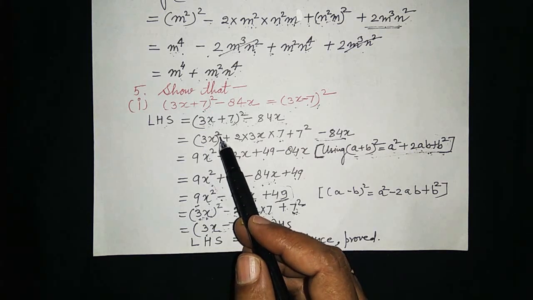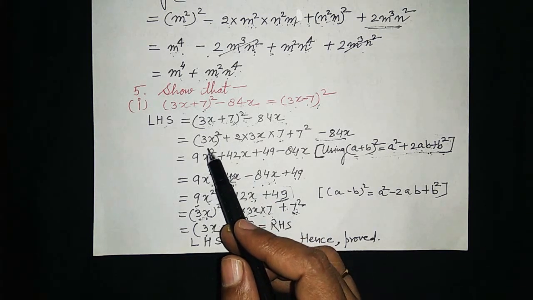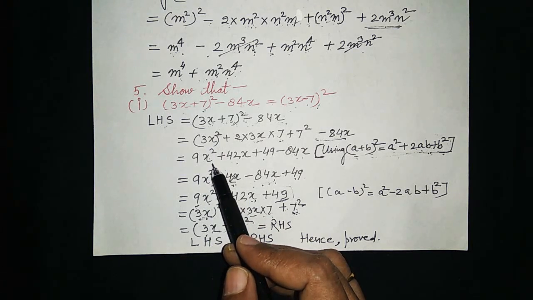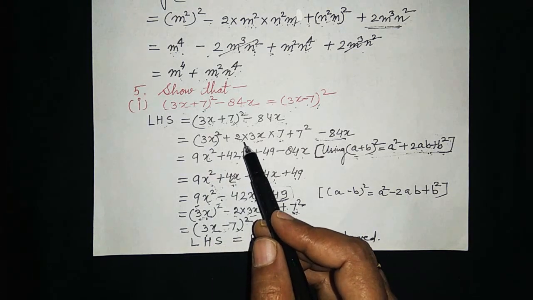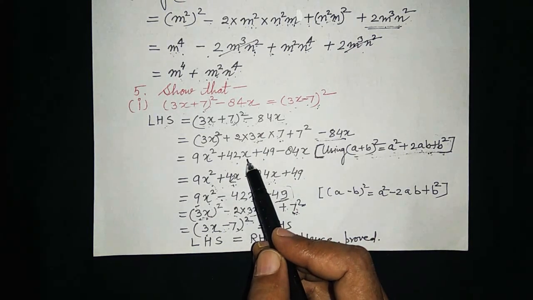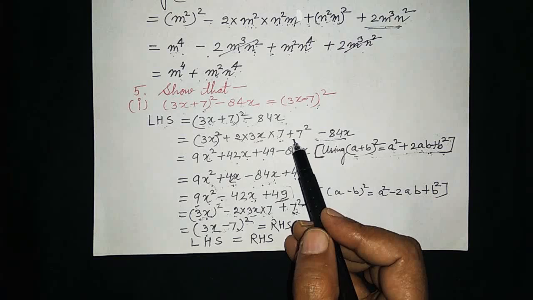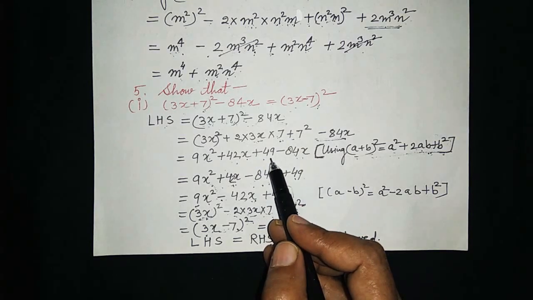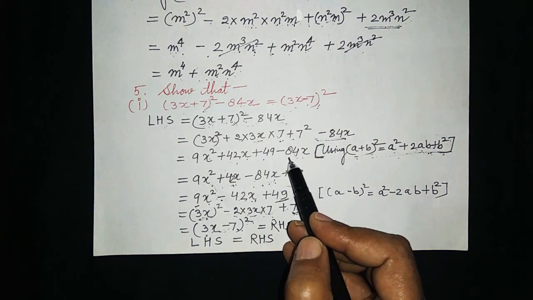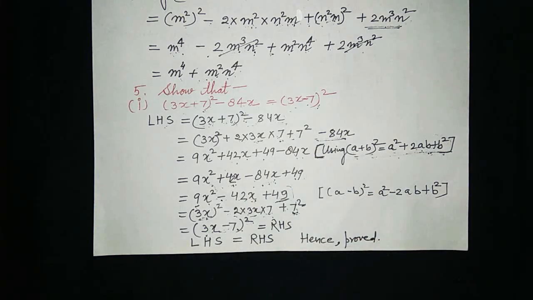Now we will simplify it. For (3x) whole square we can write 3 square x square, or 9x square. Now 2 times 3 is 6, and 6 times 7 is 42x, and for plus 7 square, plus 49 will be written, and then minus 84x.